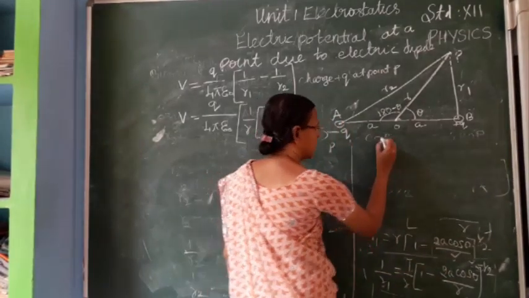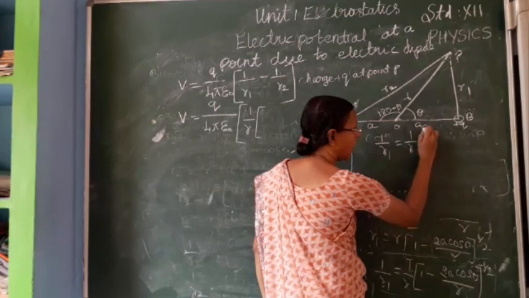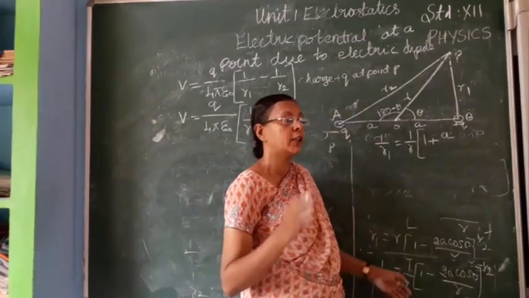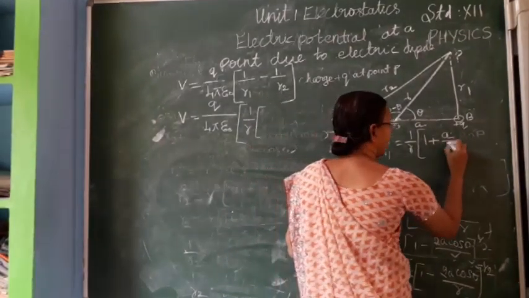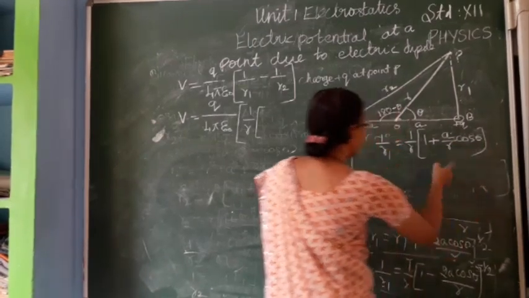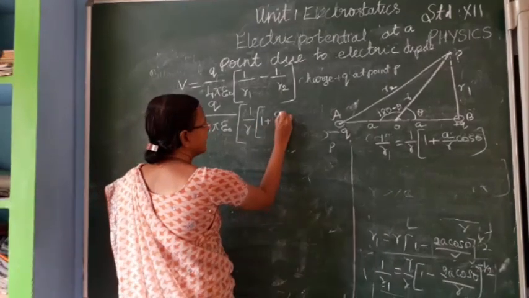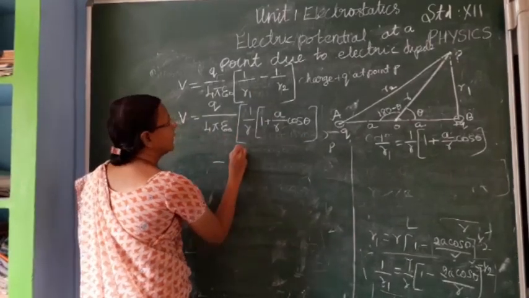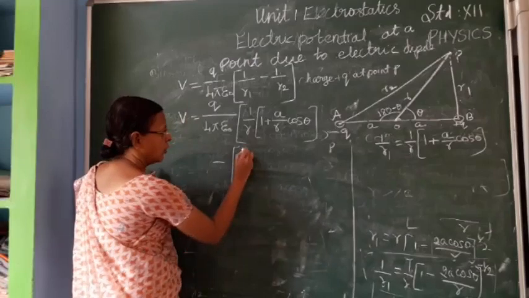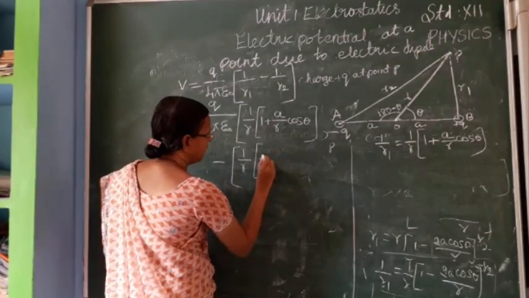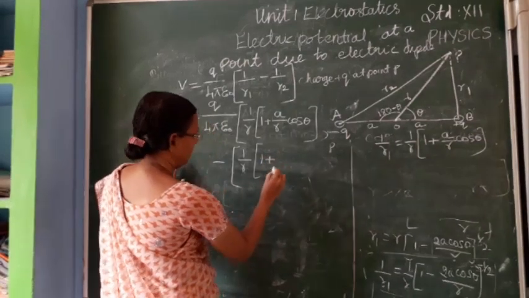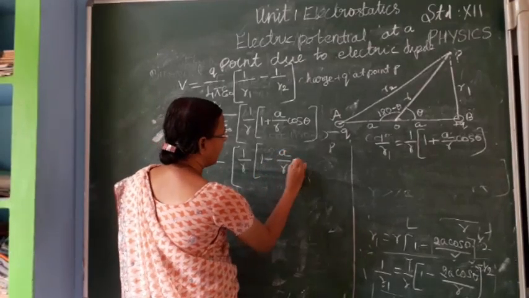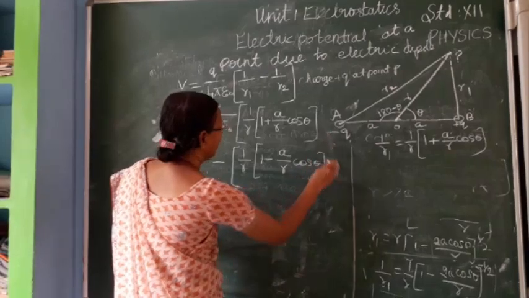We have to substitute that here, then minus the next one, 1 by r2, which is 1 by r into (1 minus a by r cos theta). This only we got.